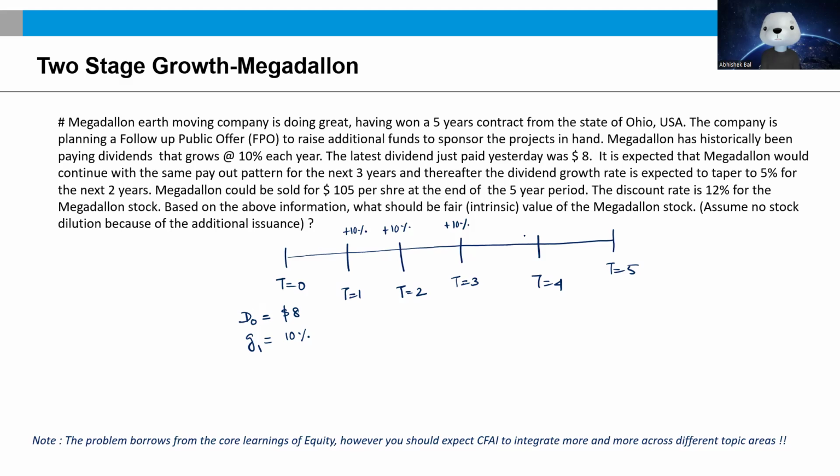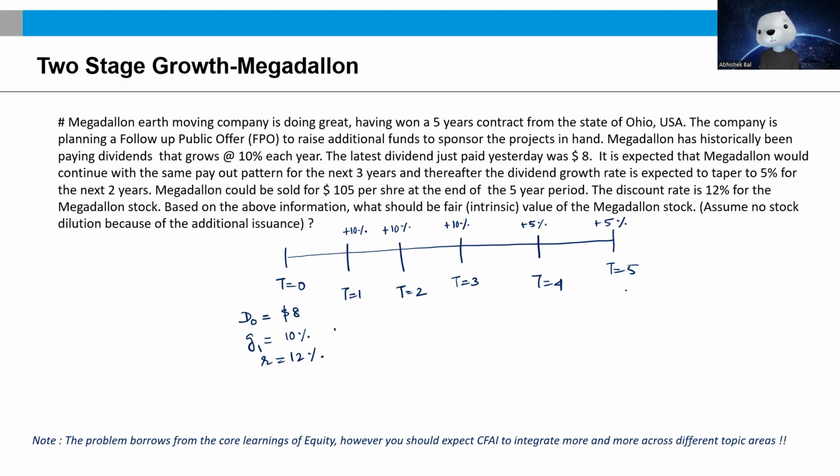But thereafter, for the next couple of years, the growth rate is likely to taper. That means the growth rate is going to be less. It would decelerate a bit and will only be confined to 5%. Nonetheless, across the period, regardless of the dividend growth rate that we have talked about so far, the discount rate is being given as 12%.